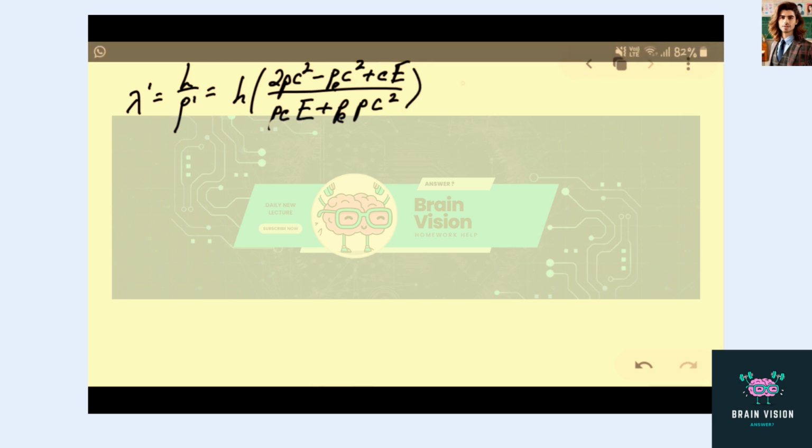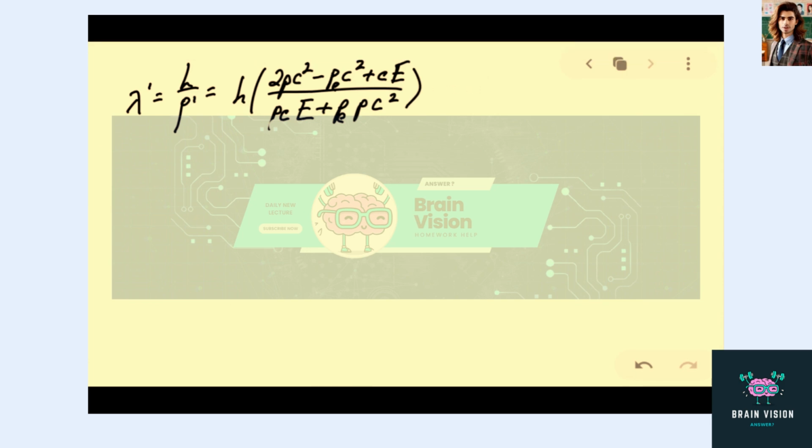And of course, to simplify even further, we divide everything by c, since we have a common factor c.